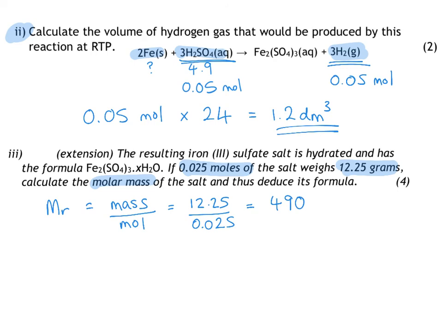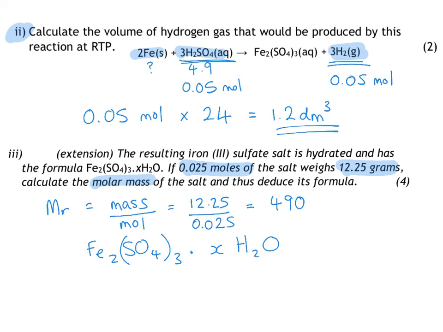And 490 is made up of Fe2(SO4)3.XH2O. You might be thinking, I don't know what the dot means. It just means that those two masses are added together. So the mass of Fe2(SO4)3 is added to however many waters there are, and the total equals 490.